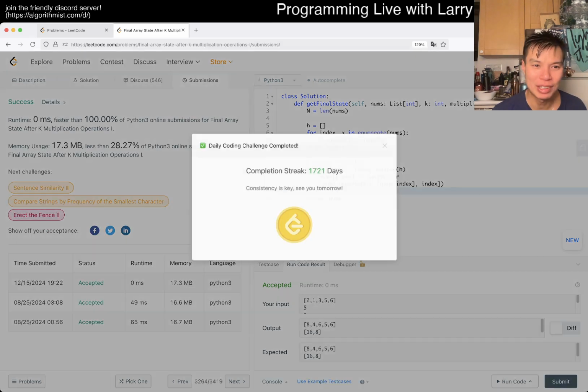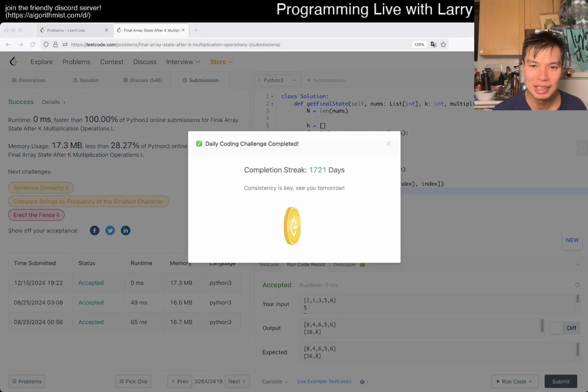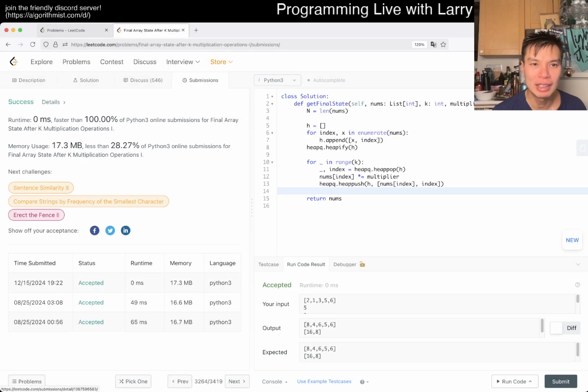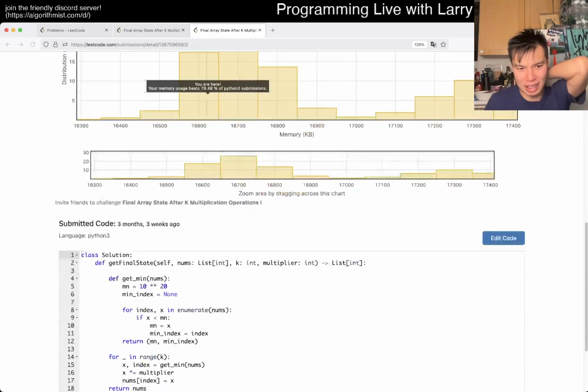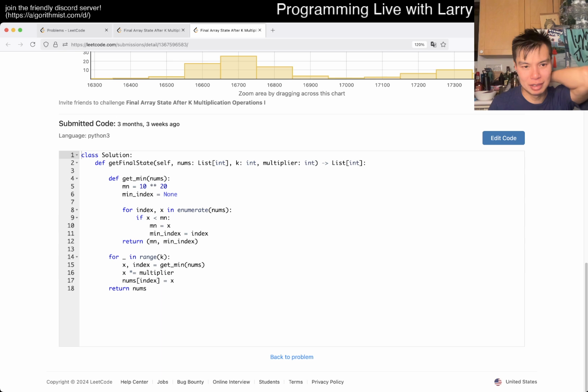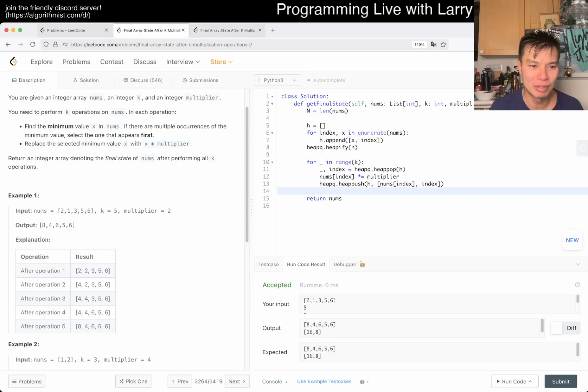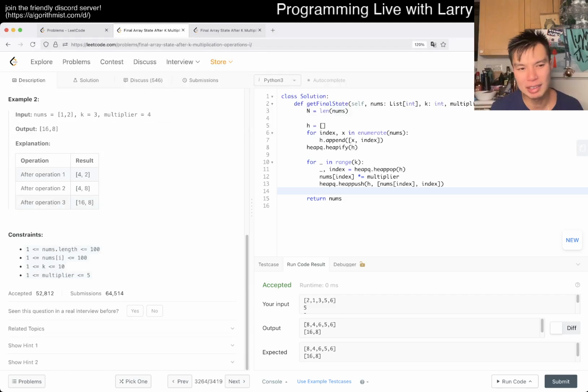We give a submit, we're good, and we have a 1721 day streak. What did I do last time? I would imagine the same. This looks mostly the same, right? Get min. Oh, why did I do it this way? I didn't even look at the constraints because the heap makes it really trivial. But you can look at the constraint, and the constraint is 100.